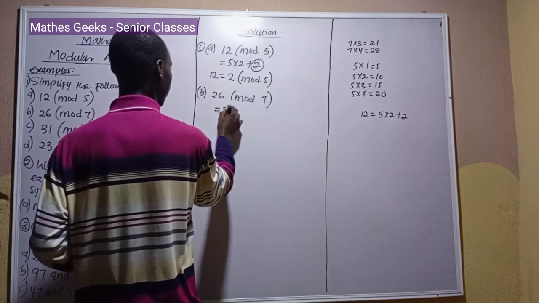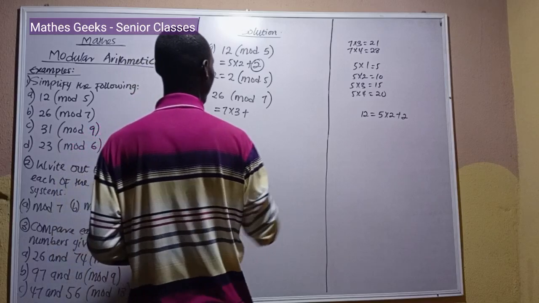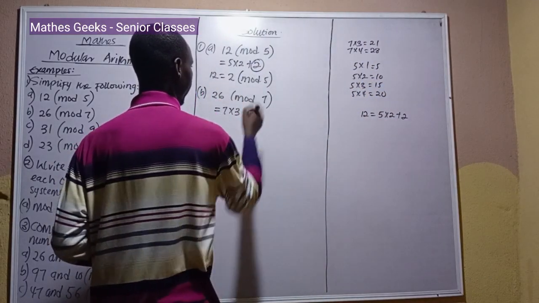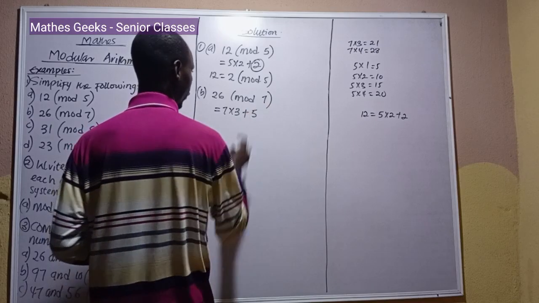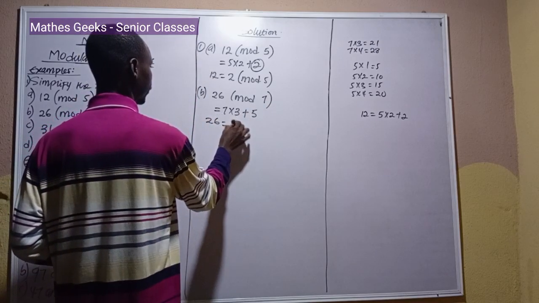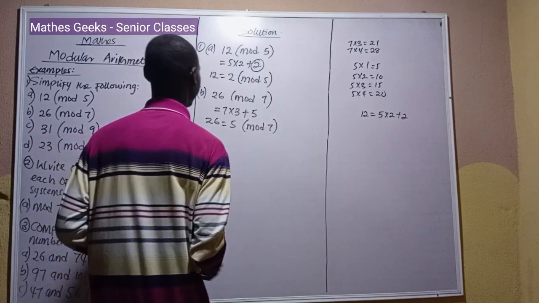So it would be 7 times 3 plus something. What would you add to 21 to get 26? That would be 5, so the remainder is 5. Therefore, 26 is equal to 5 in mod 7.